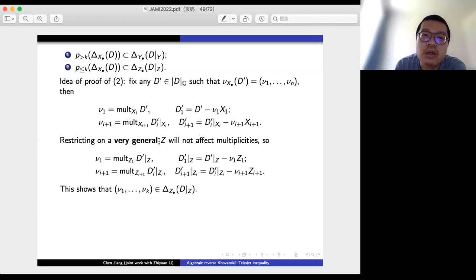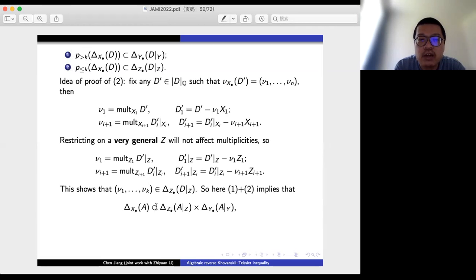So then we can choose very general Z to say that this equality holds for all the countably many D prime we consider. So there's no problem to choose a very general Z that holds for all D prime. So then we can show that this 1 and 2 hold.